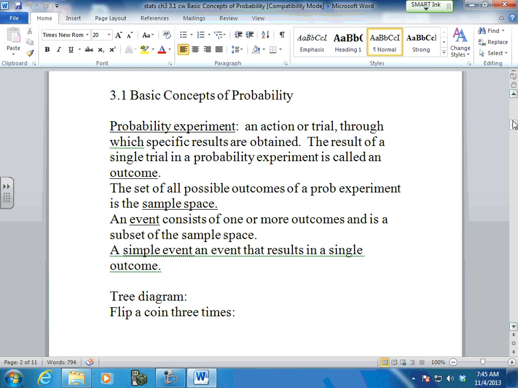Now, you probably remember your theoretical and your empirical. For instance, if you flip a coin, the probability of heads is what? 50%. So does that mean if everybody flipped 6 coins that they would get 3 heads, 3 tails?